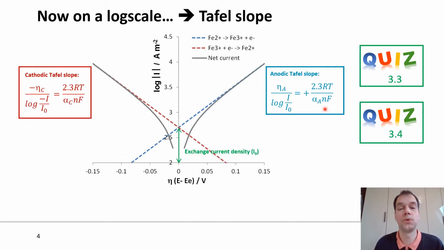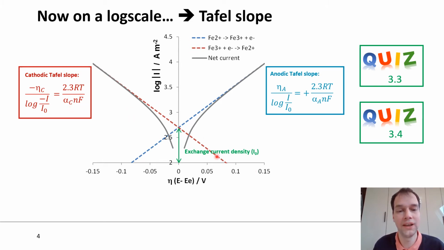The same we can do on the cathodic side, where we can also write down the Tafel slope. Now it's of course helping that we took the log of the absolute current density, otherwise this would not work. But here again, the slope of this line is now 2.3 RT divided by the cathodic transfer coefficient and nF.